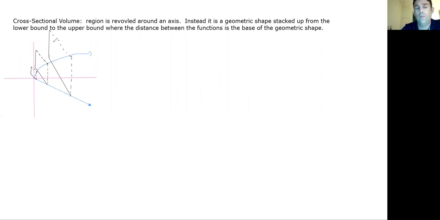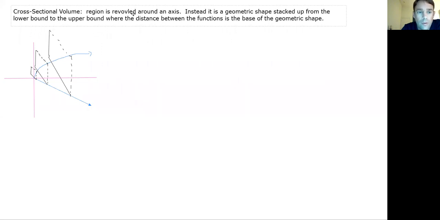Kind of ran out of room there, but it happens. I guess I could have gone a little bit bigger. And so what I'm saying is, what if this volume is created from these stacked up figures from A to B, and you can start to see the slices as they would come through.